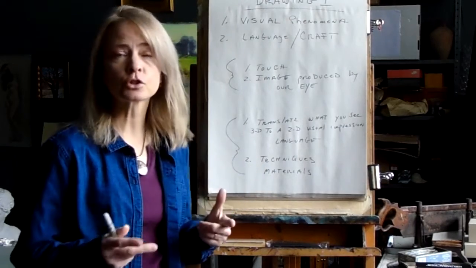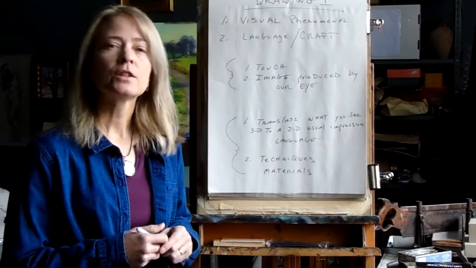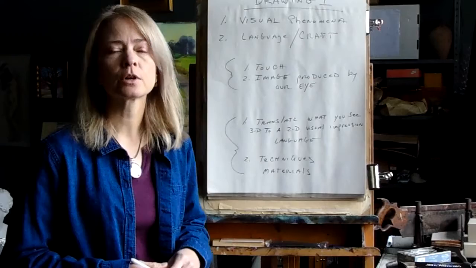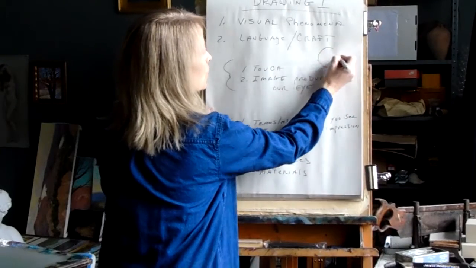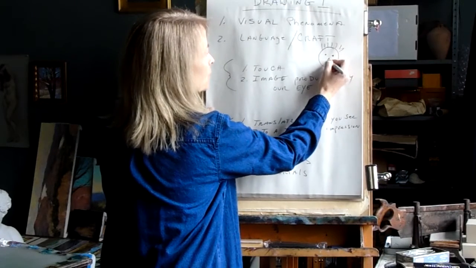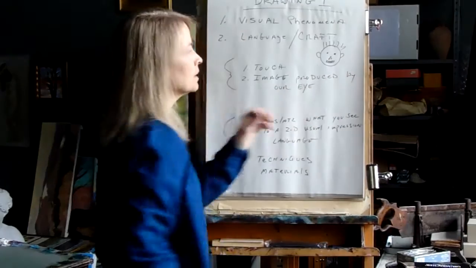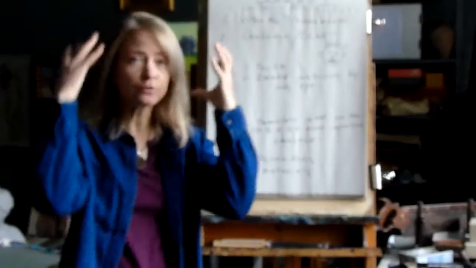When we look at children's drawings, in the very beginning, they translate their experience of the world through touch. So we'll see their drawing of maybe themselves or their friend, very much about outline and how their head feels.